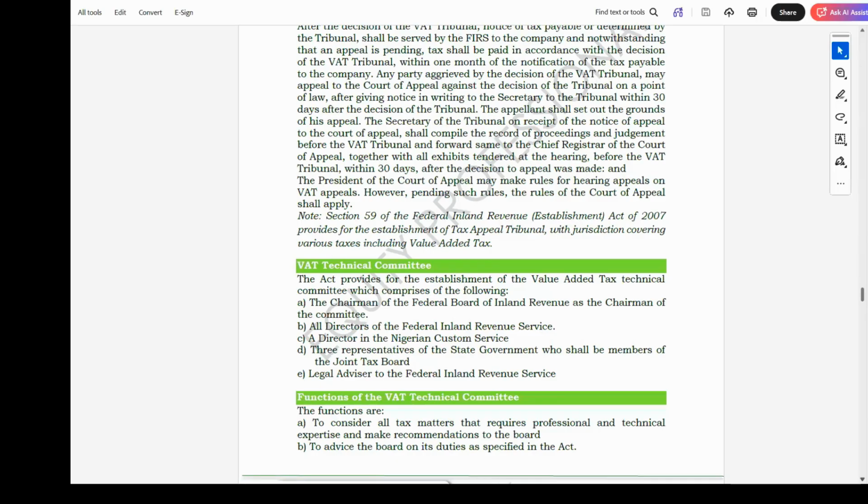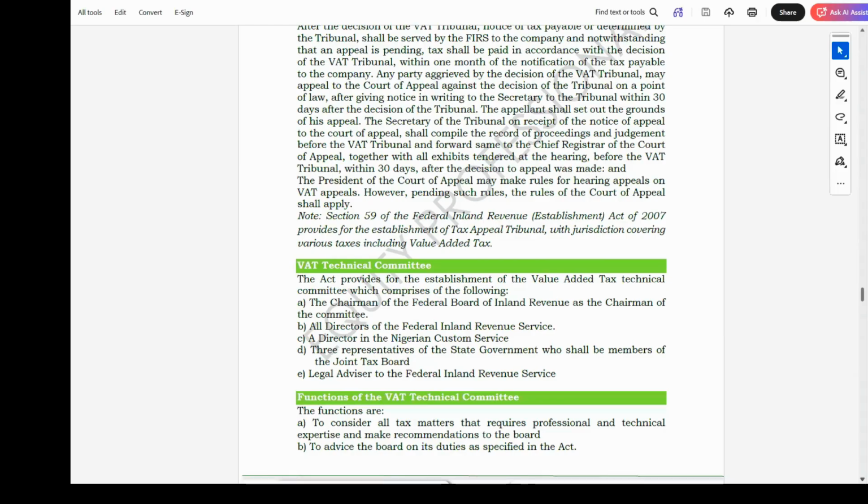Usually, every relevant tax authority has their head, which is usually the chairman. So the executive chairman of the Federal Inland Revenue Service is usually the chairman of the VAT Technical Committee. Then all the directors in the FIRS are also members of the VAT Technical Committee. A director in the Nigeria Customs Service, because Customs is also part of the people that collect VAT.